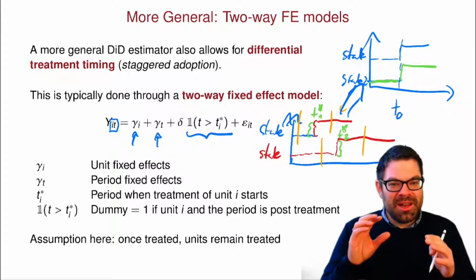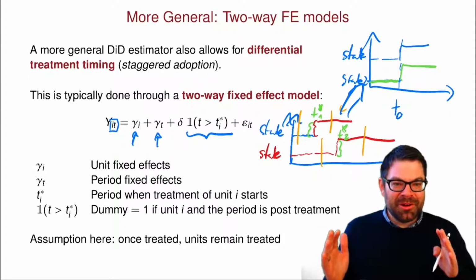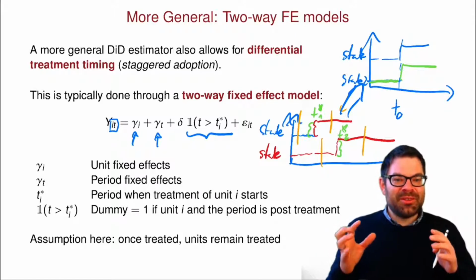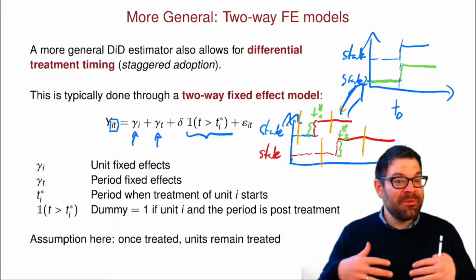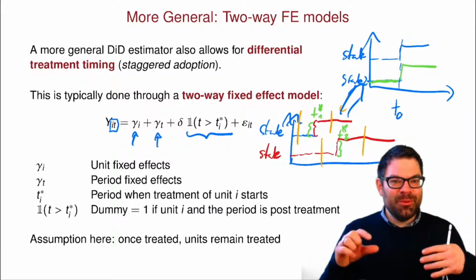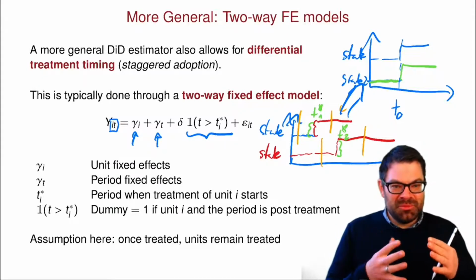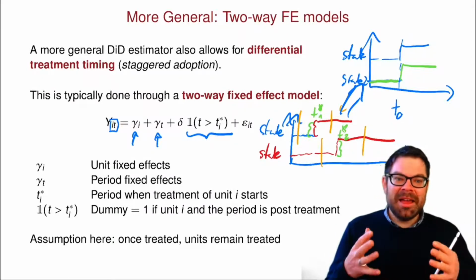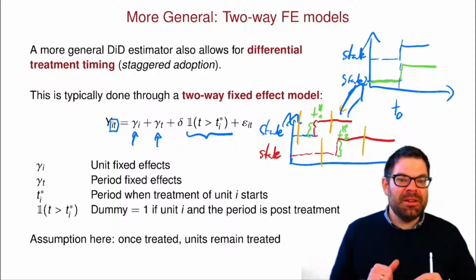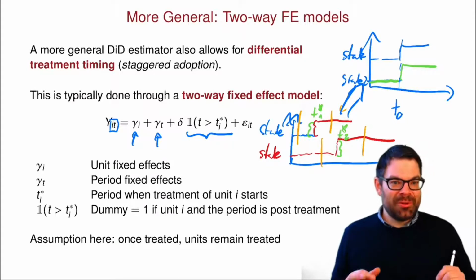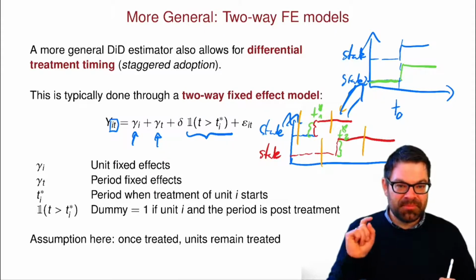But in a nutshell, if you make the event window longer, it can happen that some groups have a huge weight in your estimator and others have very little weight. And so if you want to look at the average jump, you may get a biased estimate for that average jump simply because your estimator, by construction, changes those weights when you make the event window longer or shorter. So this is something to be aware of. It's not an innocuous choice.